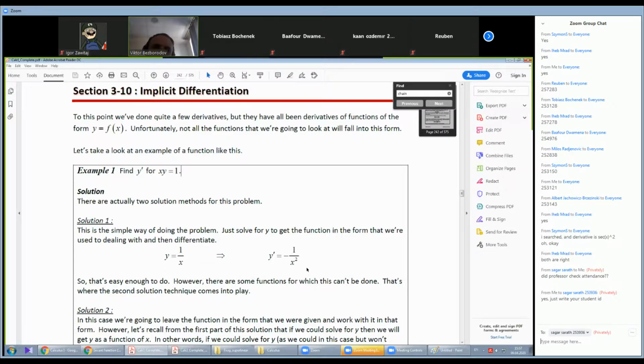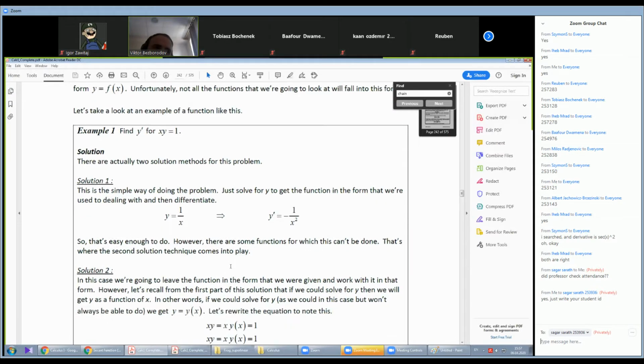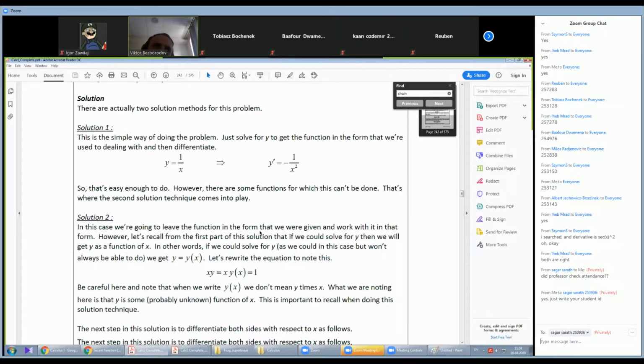And then you just take the derivative, and this is just x minus 1, right? You use the formula for the derivative of a power. So in this case, this is totally sufficient.